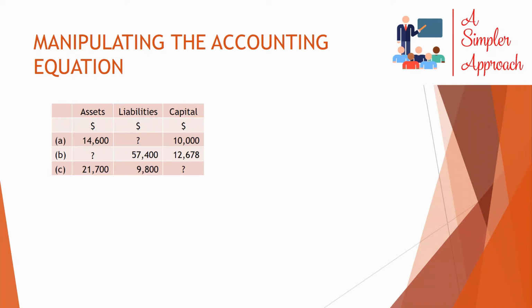Let us look at A, for example. For A, assets amount to 14,600, liabilities, we don't know, and capital, 10,000. Now, in order to ascertain what liabilities represents, what the value is, we will have to manipulate the accounting equation.